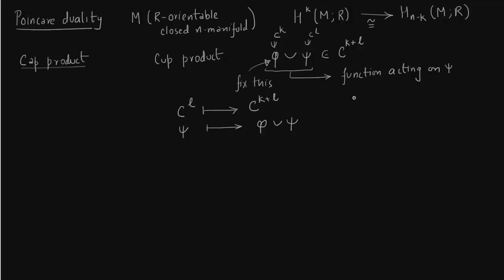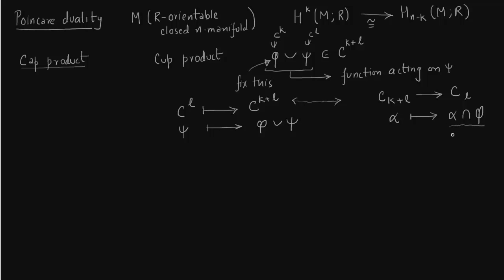So we want to build a relationship between this map and the map between homology groups, which obviously has the arrow in the opposite direction. So here you take an element alpha of the chain complex and take it to a cap product of something.